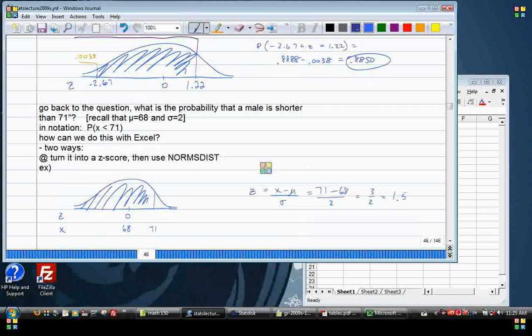So, as soon as we know 1.5, what do we do with that? Fill it in on the picture. That's the z-score. So now that we know the z-score, what can we do?